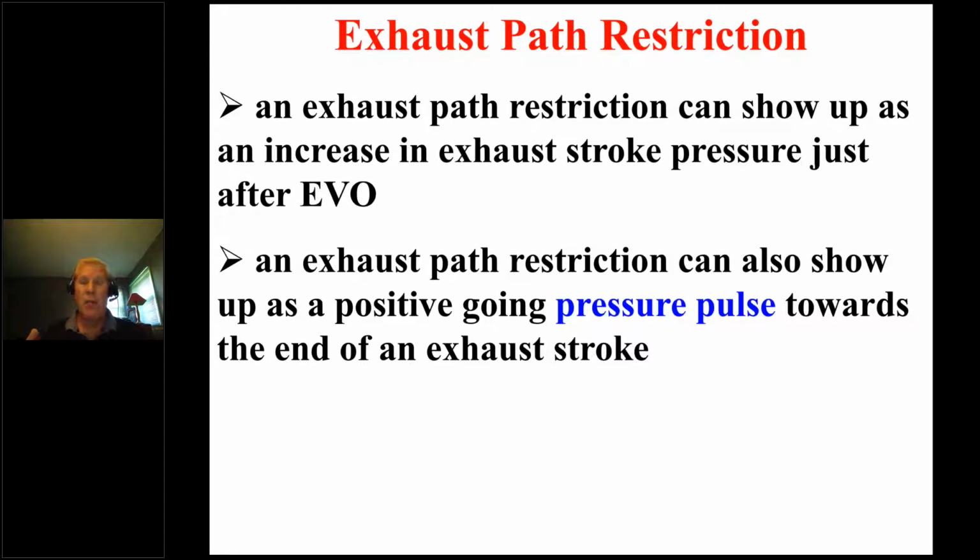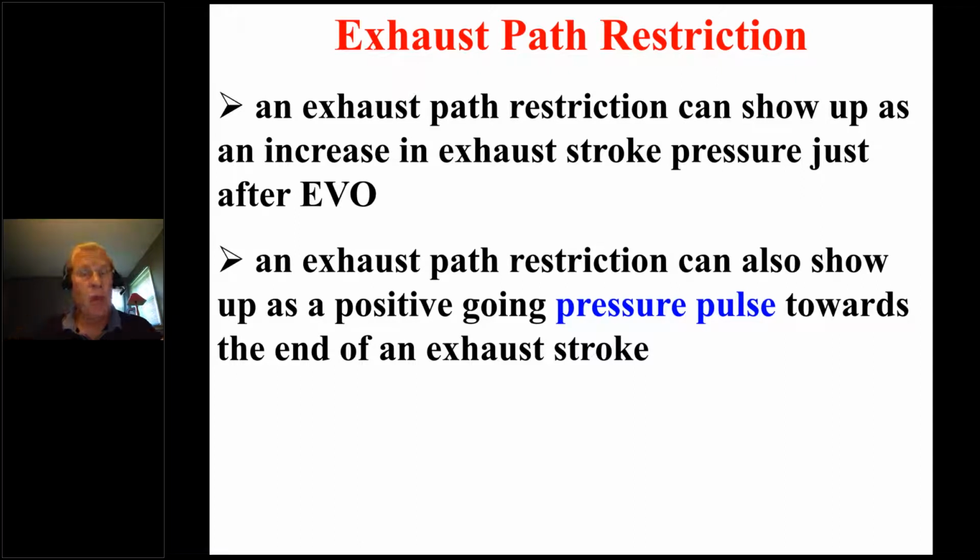And as the name suggests, an exhaust path restriction prevents us from maintaining that 0 PSI across the exhaust stroke. So an exhaust path restriction can show up as a rise in pressure just after exhaust valve opening. So the piston is rising, instead of hitting 0, it goes to 2, 4, 6, 8.